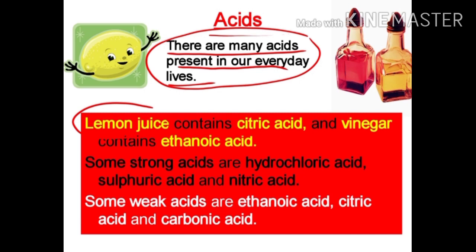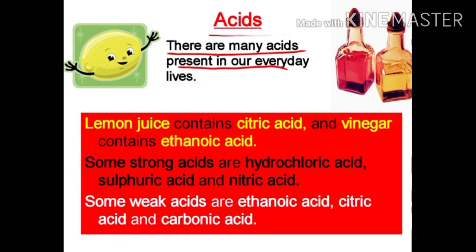Some weak acids are ethanoic acid, citric acid and carbonic acid. These weak acids are non-corrosive in nature, and these strong acids are corrosive in nature, but only if they are concentrated. If they are diluted, they will not be corrosive in nature.